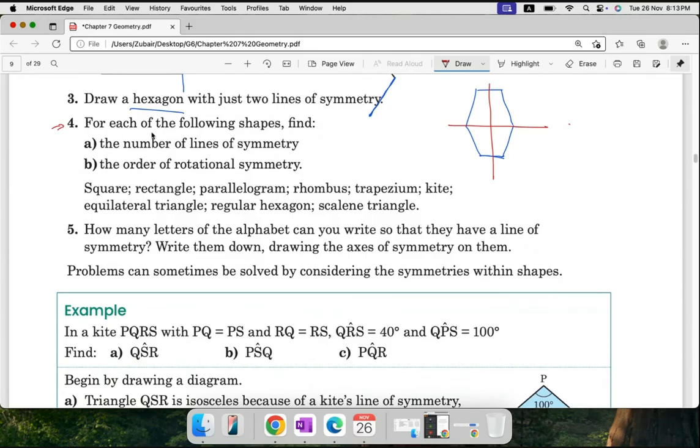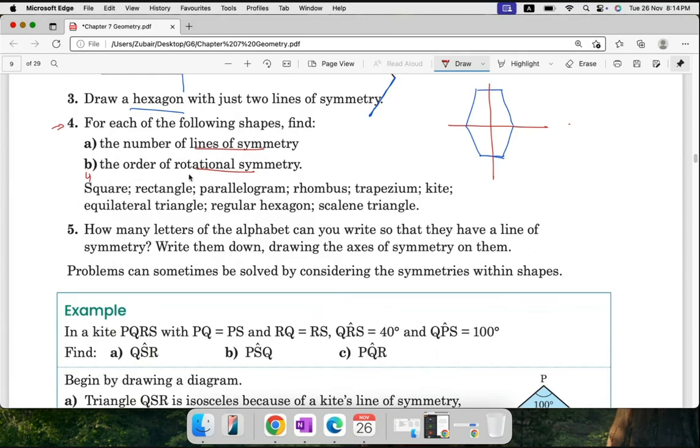Number 4 says for each of the following shapes, find the number of lines of symmetry and order of rotational symmetry. So square, how many lines of symmetry are there? 4. That's right.